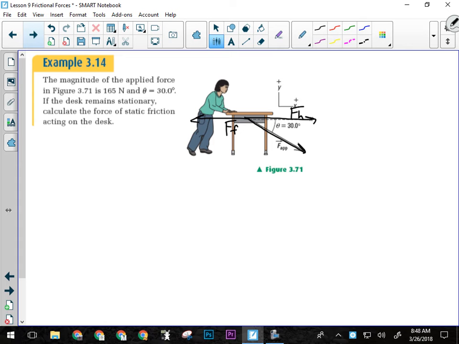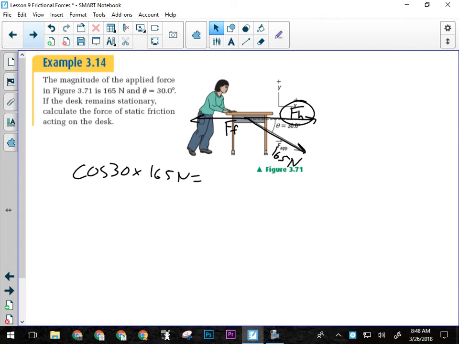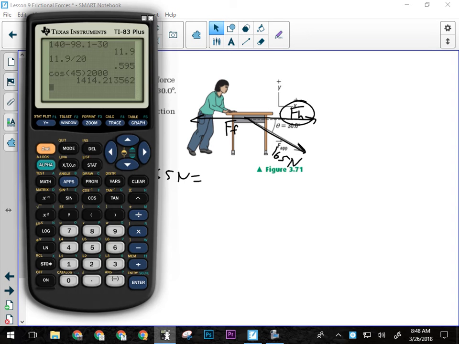Can I calculate this force? Yeah, I know the angle, 30 degrees, and I know that this force here is 165 newtons. So I can very easily calculate what the horizontal component of that would be. I just have to go cos of 30 times the hypotenuse, 165 newtons, and I'll have my horizontal component, which, as we said, is going to be equal to the force of friction because the desk isn't actually moving.